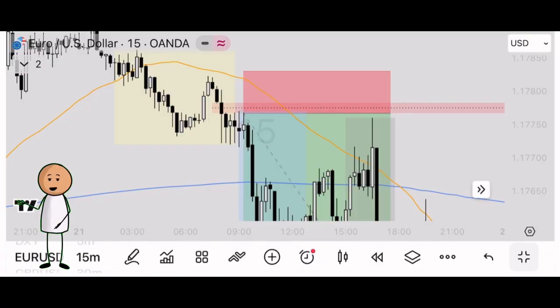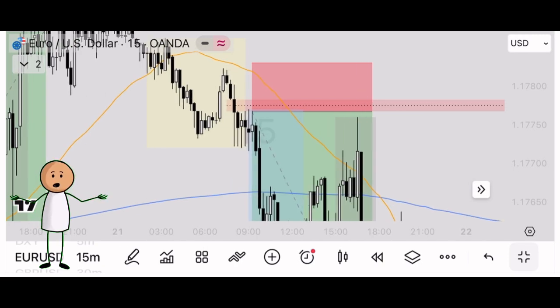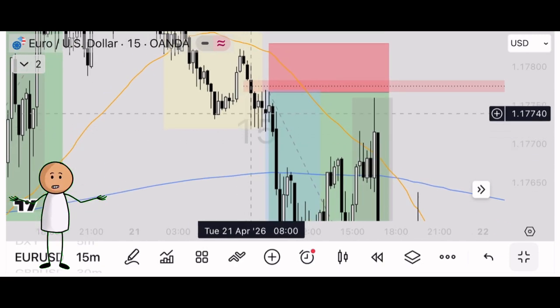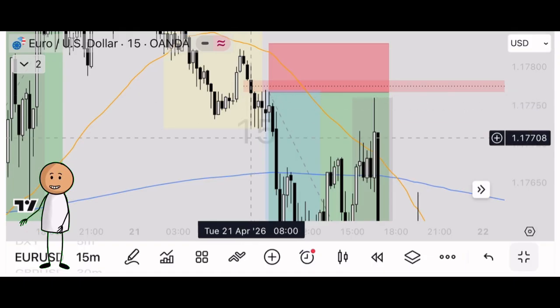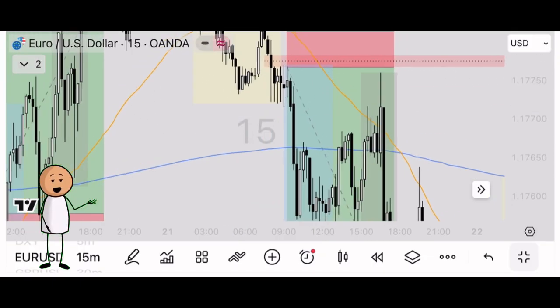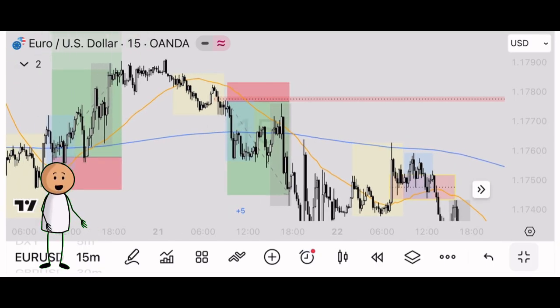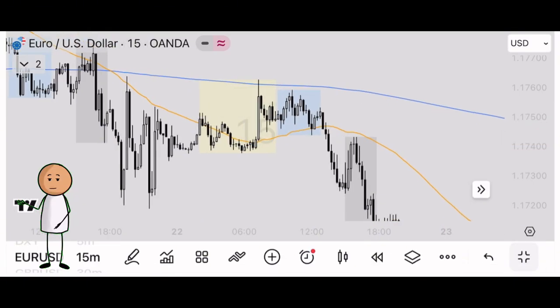So what I would have done is wait for the market to push down below that area, then retrace back to give me the entry, but that didn't happen, so I might as well remove this entry, then come to the next one.